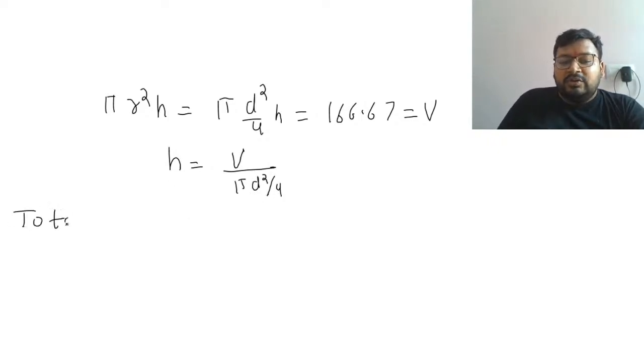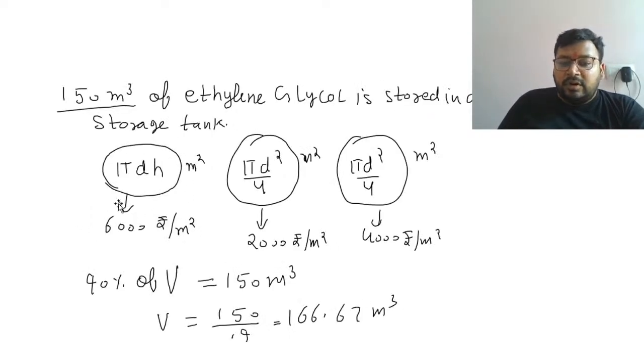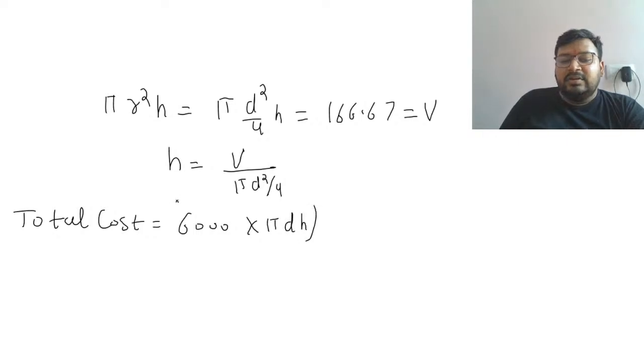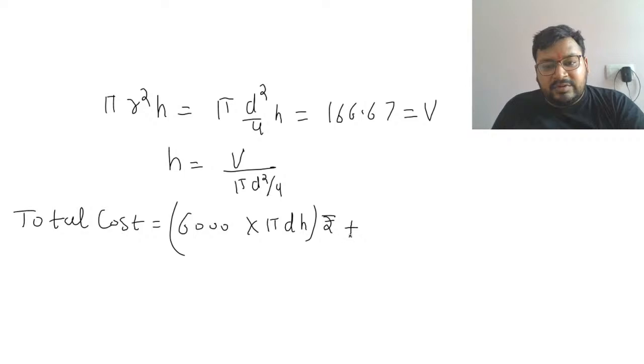Now what is the total cost function? The total cost function is the cost of the wall, which is 6,000 into pi d h rupees, because meter square by meter square cancels out.